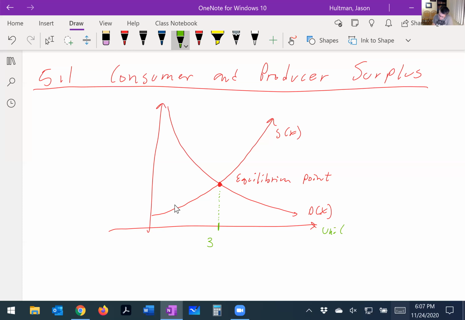Okay, so this is the units, and then for 3 cantaloupes, I'm gonna take those for $1 each, right? So for maybe $3.